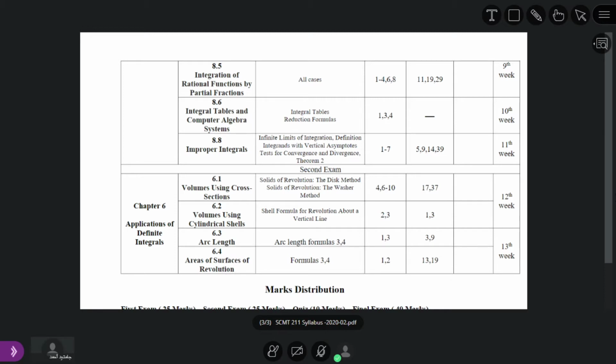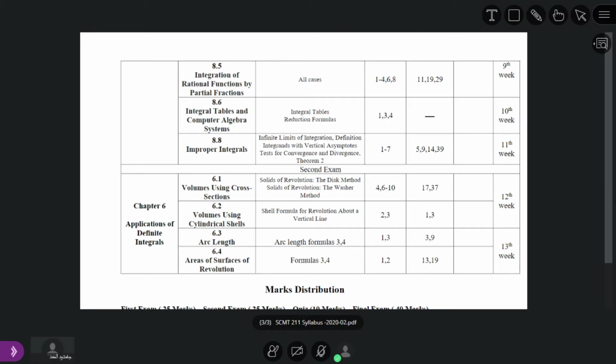This type of integral is called an improper integral, and sometimes both are finite numbers, from a to b. So these are improper integrals: infinite limits of integration and integrands with vertical asymptotes. These things we shall discuss in 8.8.